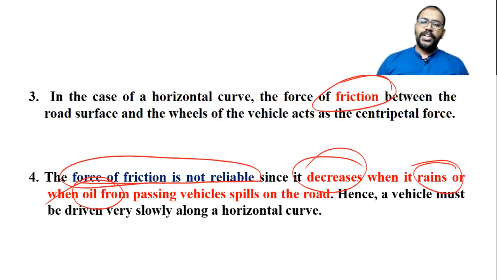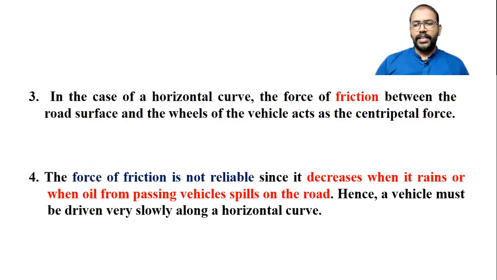So when the friction decreases, you have to decrease the speed limit on this curve path. And if you want to increase the safety speed limit on this curve path, then you have to make it more and more rough, but it causes wear and tear to the tires of the vehicle. To avoid all these, banking of road is necessary.